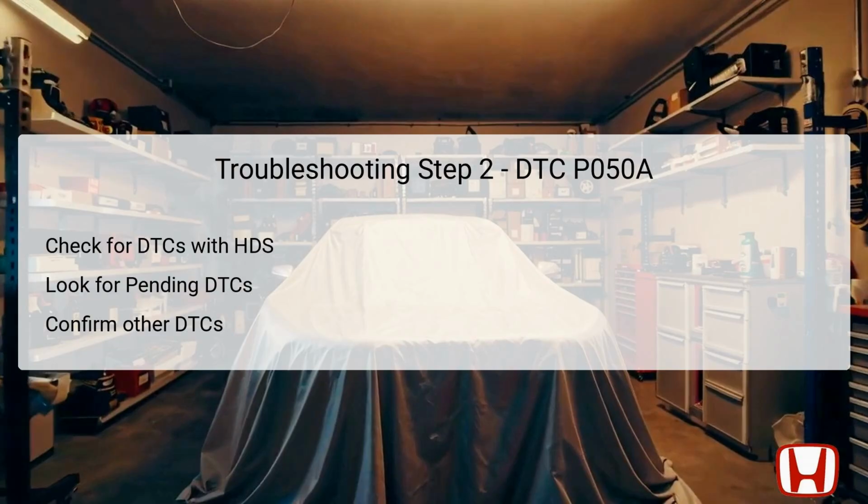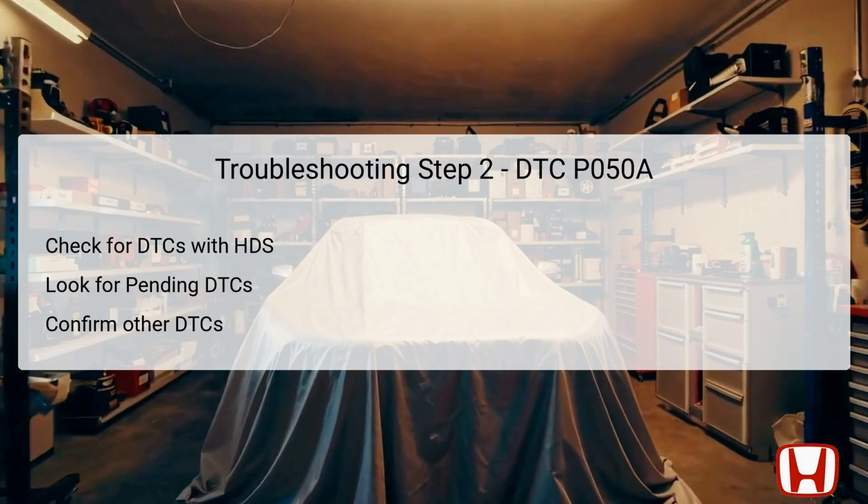In this second step, utilize the Honda Diagnostic System, HDS, to check for any pending or confirmed diagnostic trouble codes. It is essential to determine if there are any DTCs other than P050A present. The presence of additional codes may indicate other underlying problems that need to be addressed.